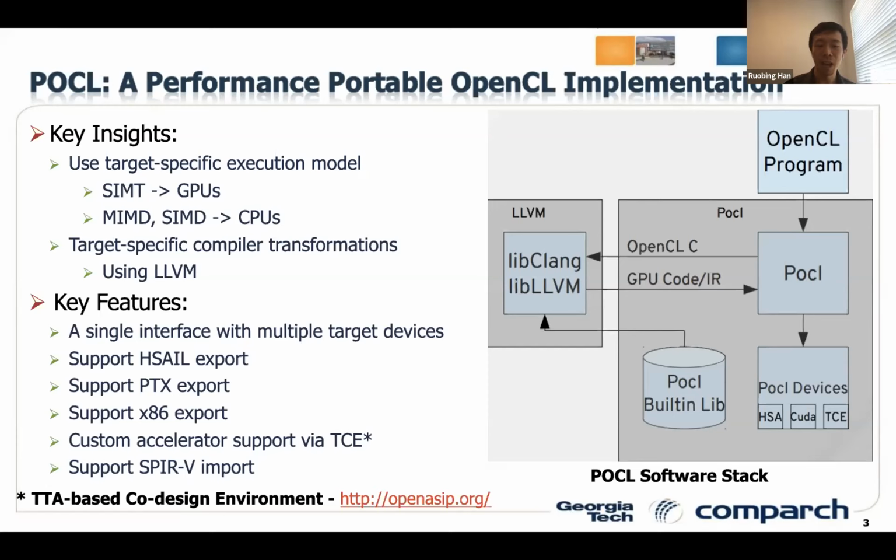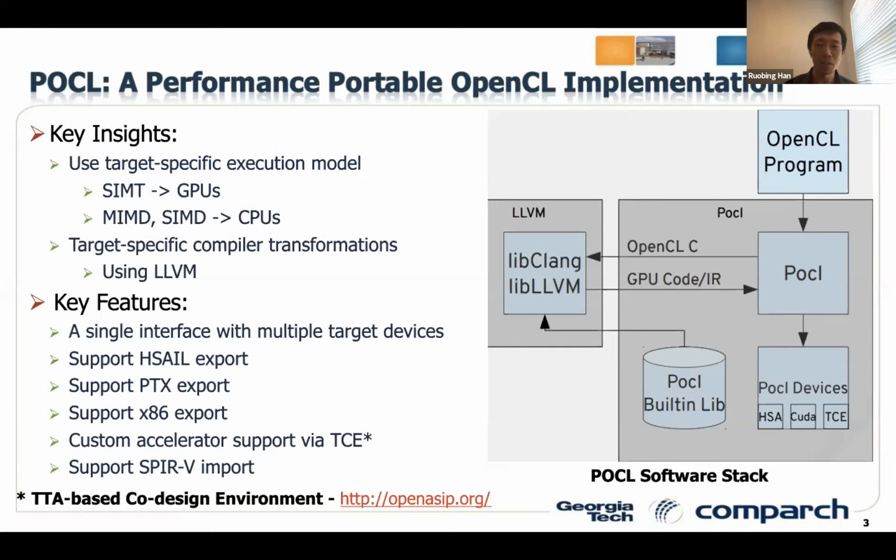And to execute OpenCL programs on a backend device, first, POCL will compile the program and link it with a hardware-dependent runtime library. Also, POCL has implemented some hardware-independent library needed for mathematical functions like sine, cosine, tangent, all those functions. Then after we get the compiled kernel, the POCL runtime uses the device drivers to control the device.